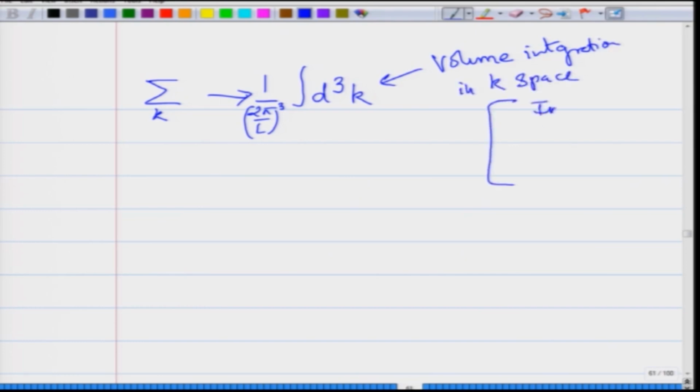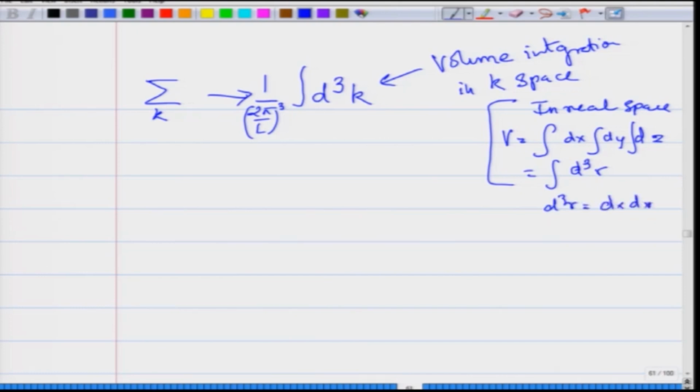If you recall, in real space, the volume is the integral of dx, integral of dy, integral of dz, which you can write as the integral of d cube r, where d cube r in Cartesian coordinates is dx dy dz. So, instead of doing the volume integration in real space, we are doing a volume integration in k space.